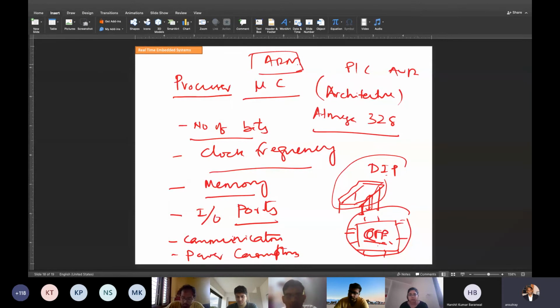ARM just gives you the IP of the ARM, and people manufacture them. It's a RISC-based architecture. Then PIC, AVR. Then there is Intel. Intel family is also there. Or TI family is also there. So you have to choose which family of processors you are going to have. Then you choose that processor.